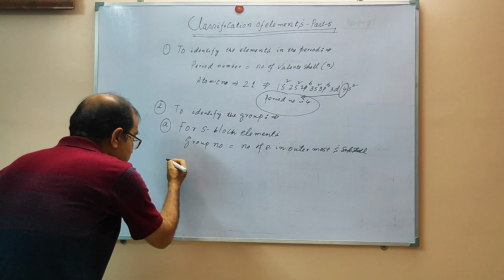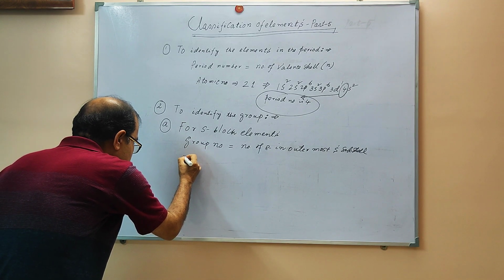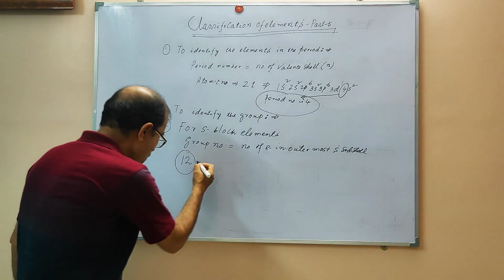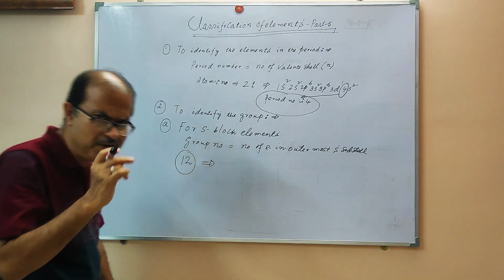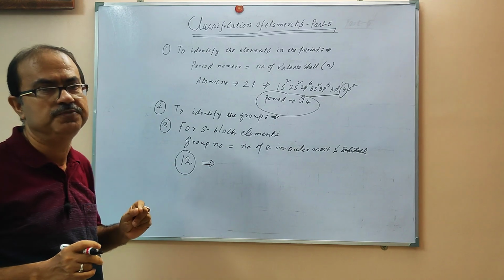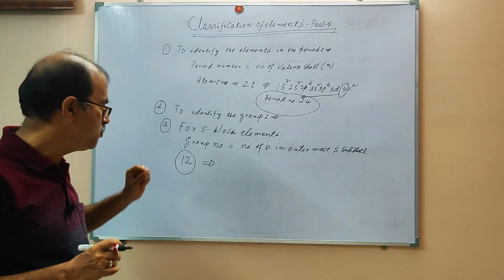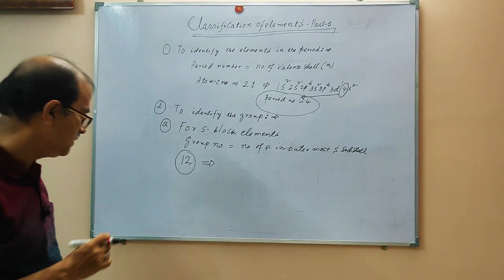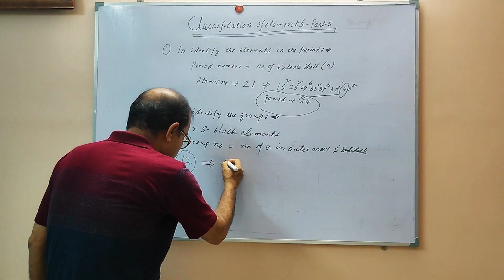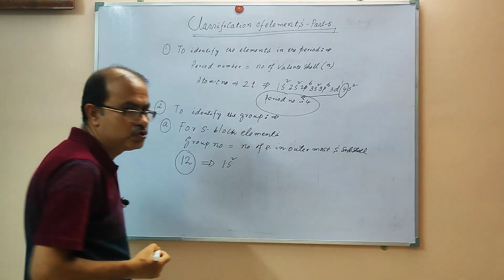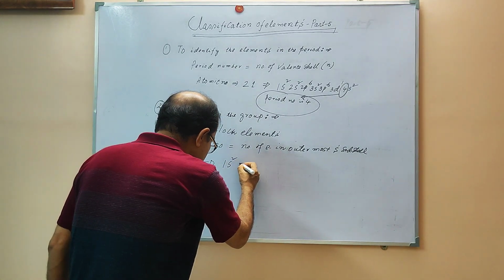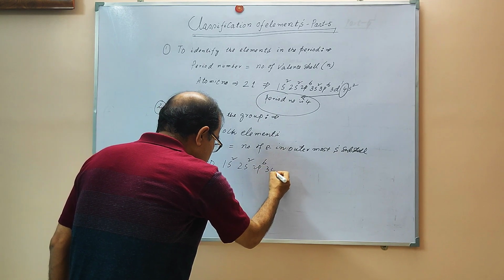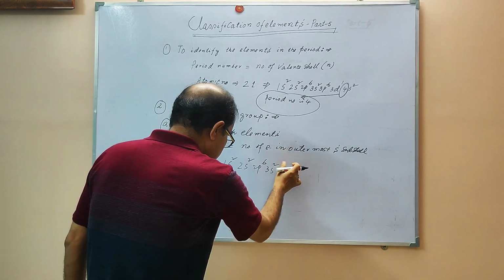So let us take an example of the S block element. Suppose this is 12. Without consulting the periodic table, you have to tell in which group this element belongs, the period being already identified. For that, you have to write down the electronic configuration: 1s2, 2s2, 2p6, 3s2.